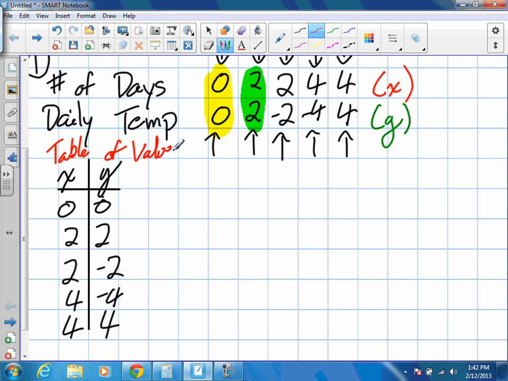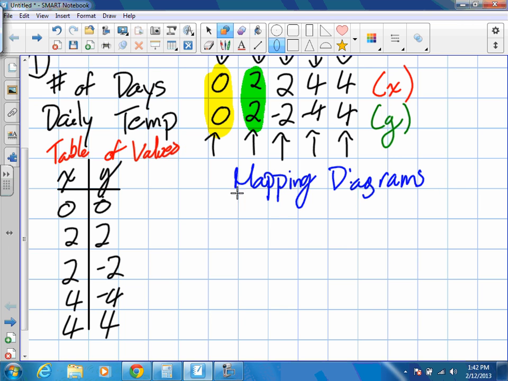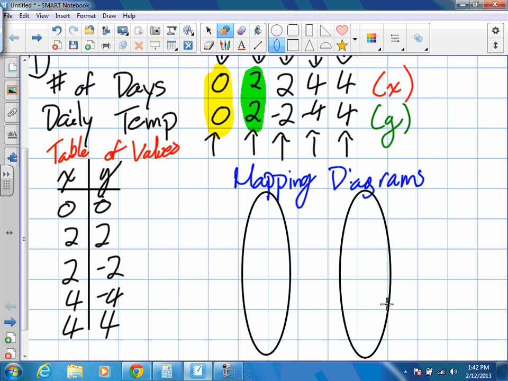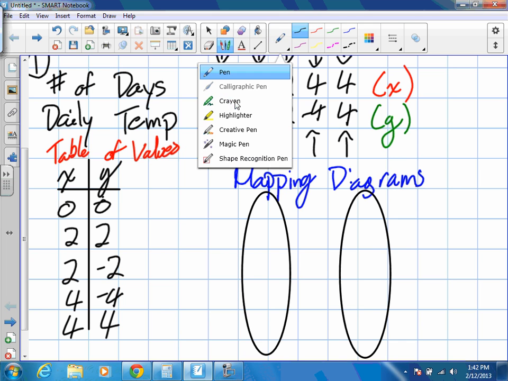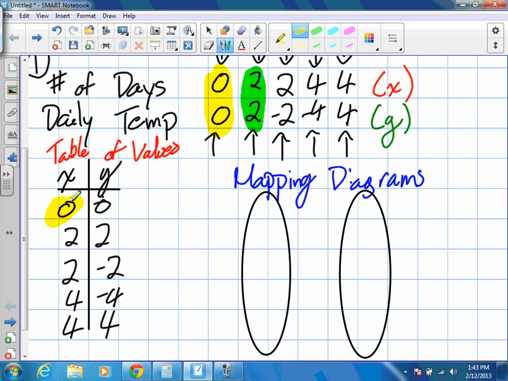Something else we're going to be using are called mapping diagrams. Mapping diagrams are a little different from what we've seen before. If you look in your textbook, they're going to be represented with ovals, elongated ovals. Instead, what they do is they take each x and y value and only put them in once. There's only one x value of 0, so I put in this value of 0.